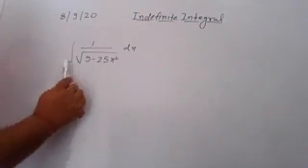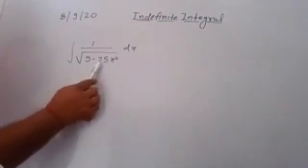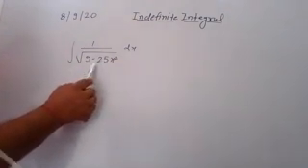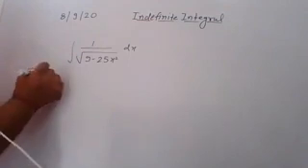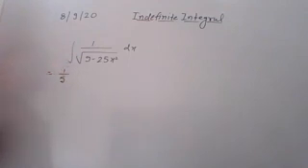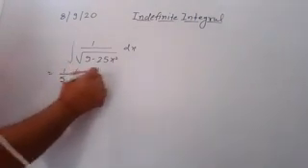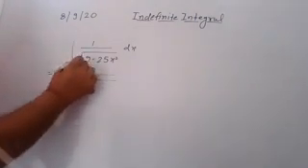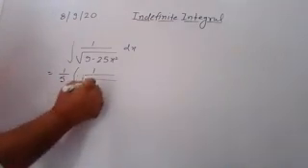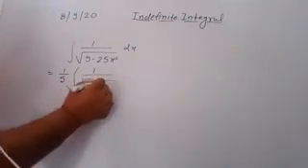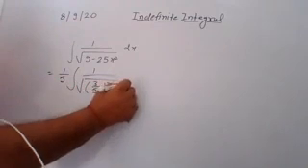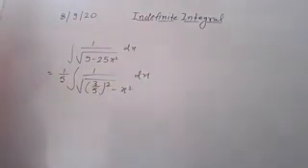You have to take 25 common here. If you take 25 common and that complete function is within the root, it can be written as 1 upon 5, 1 upon under root, here you have 9 upon 25, and 9 upon 25 can be written as (3 by 5) whole square minus x square dx.